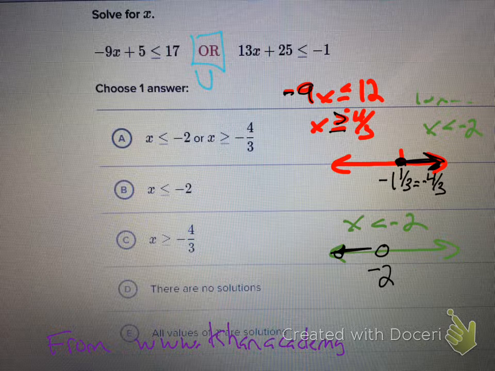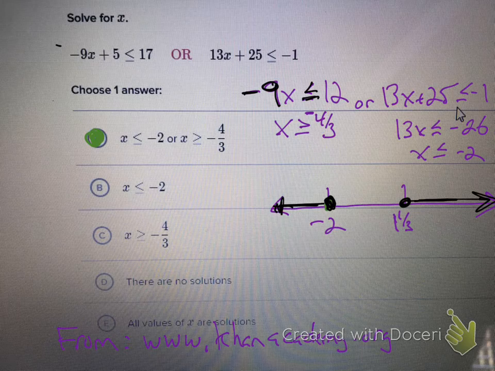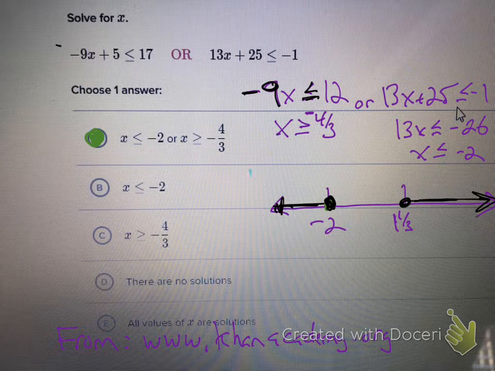When I go ahead and work the inequalities and solve these for x, we will notice that we're going to have x is greater than or equal to -4/3, and for the second inequality, x is less than -2. If I go ahead and graph these two inequality statements on the same graph, you'll notice that I have their union again.